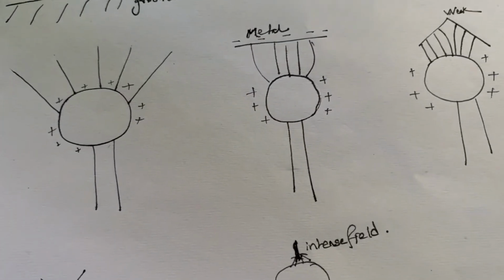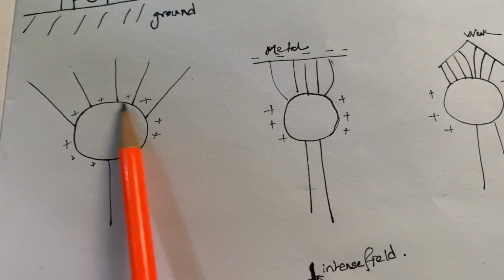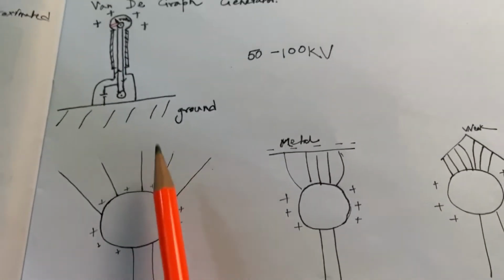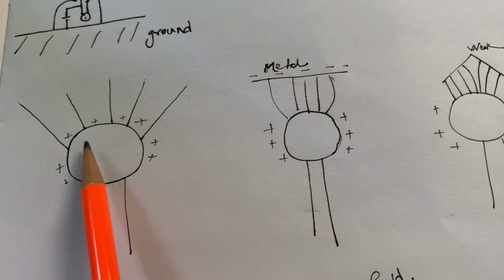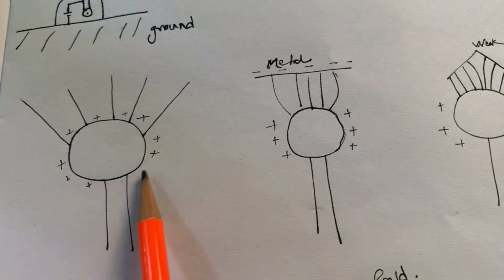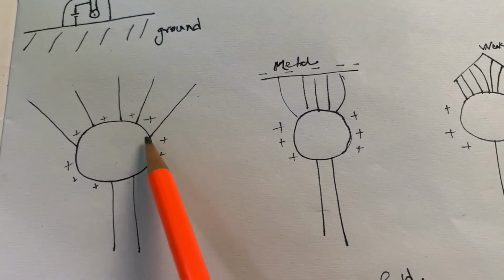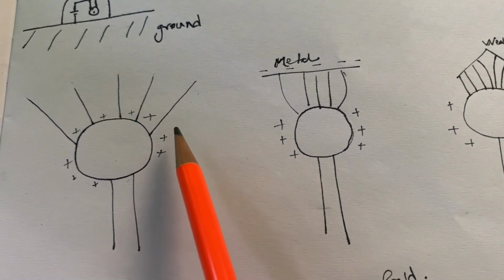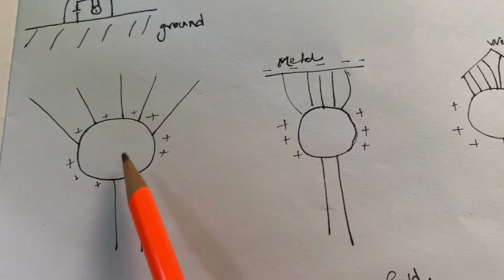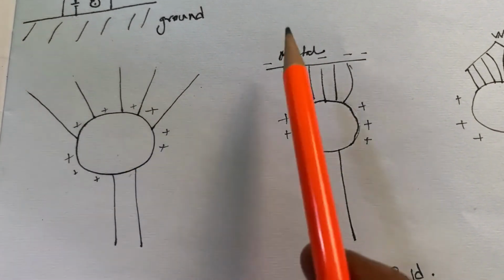Now suppose I have this Van de Graaff generator. This is the metal surface which I have drawn here. Now if the charges placed here are all plus, and the generator is like that, with no metal surface nearby this metallic conductor, then the field lines will just go away.